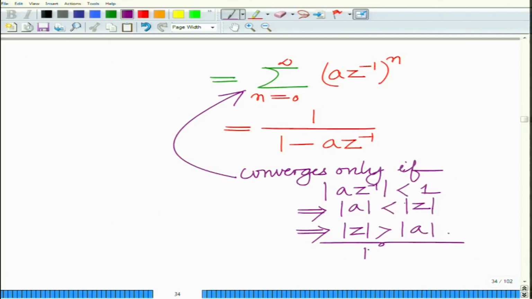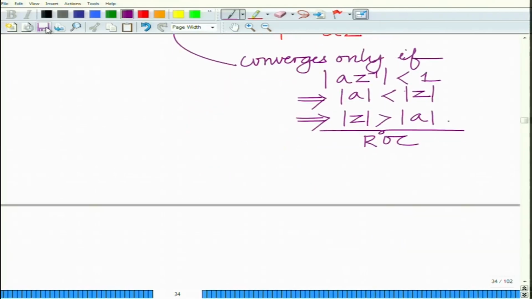And this is basically your ROC, the region of convergence for this Z transform. So a raised to the power of n u[n] has Z transform 1 over 1 minus a z inverse. However, the Z transform converges only if magnitude of z is greater than magnitude of a.